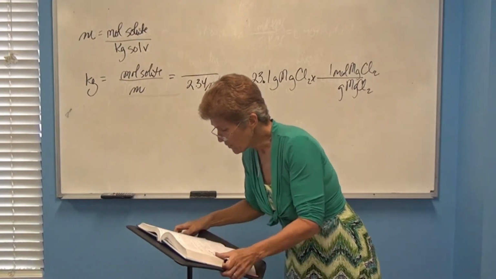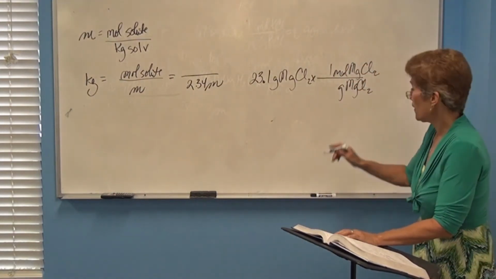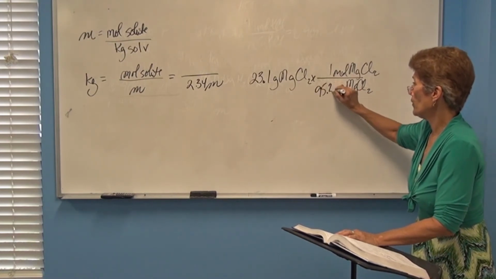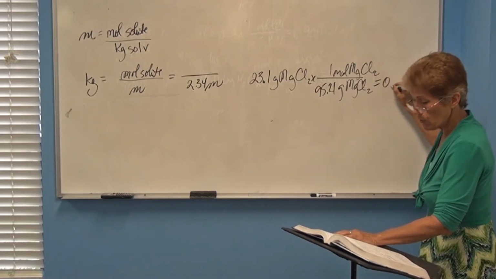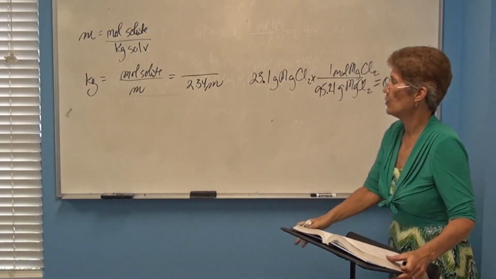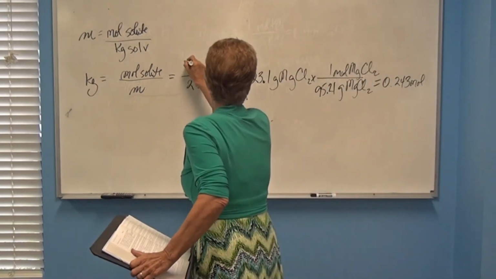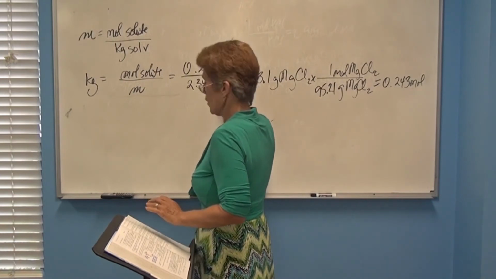Let's see, magnesium chloride, 95.21, which is going to give us three significant figures, 0.243 moles of magnesium chloride. So 0.243 moles.